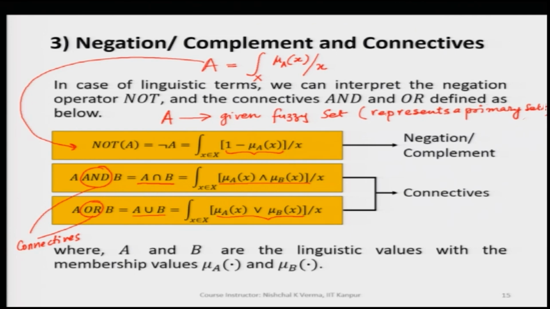But here, if nothing is mentioned, we simply use the basic S norm and T norm. S norm is used for OR and T norm is used for AND.